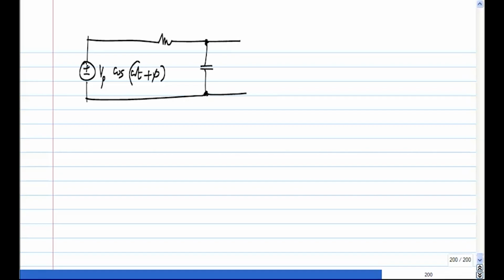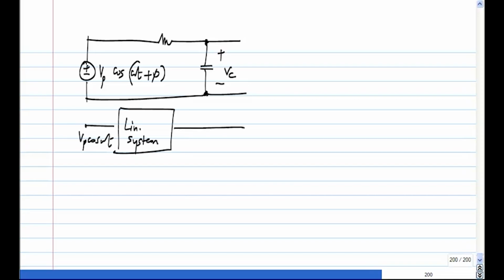I will continue with this example, but I could think of a general system where I apply Vp cos omega t to some linear system. So I will get some, let's say, Vc1.